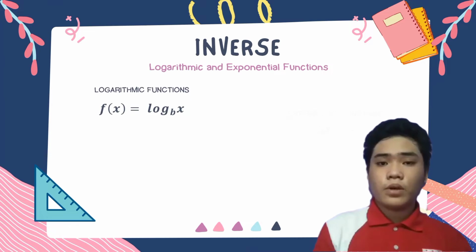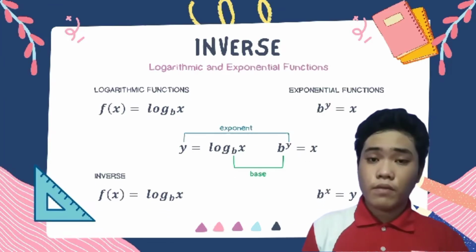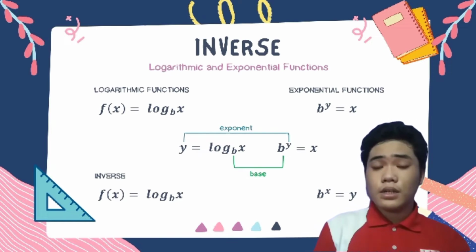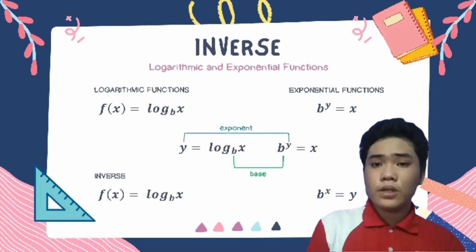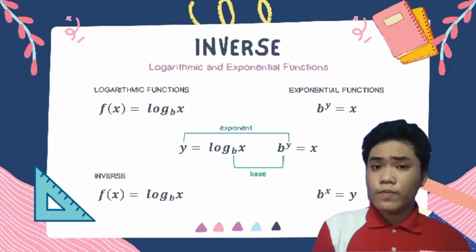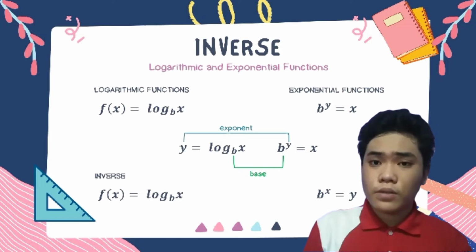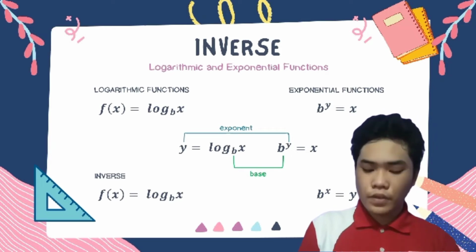So this is a sample of how we convert the logarithmic function to its exponential form. As you can see, the constant from the logarithmic function will be the base of our exponential form. The equivalent value of the logarithmic function will be the exponent of our base in the exponential form.